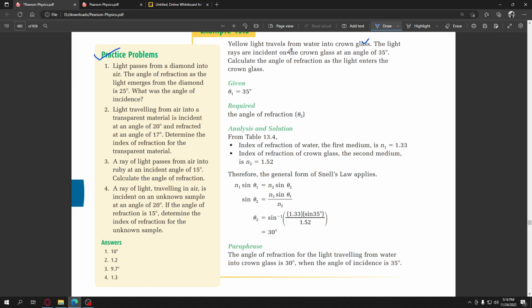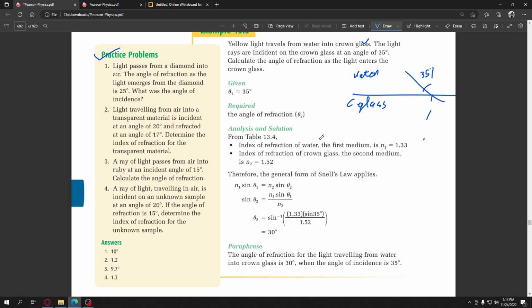The light rays are incident on the crown glass at an angle. So it goes from water to crown glass. Let's call this water and this crown glass, and its angle of incidence is 35 degrees. It asks us to find the angle of refraction.